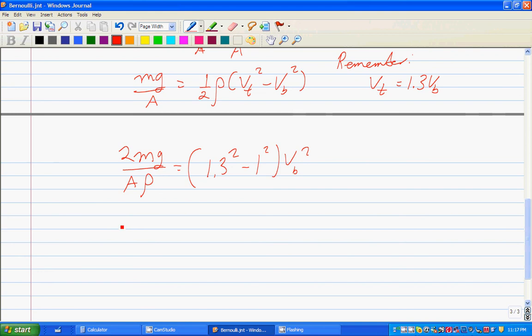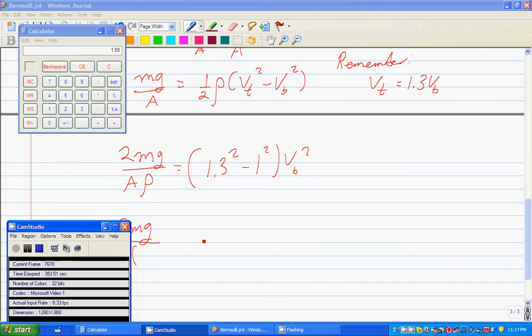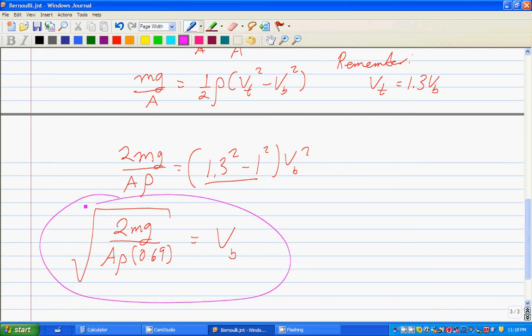Or in other words, 2mg over A rho, I think 1.3 squared is probably 1.69. And therefore this whole chunk becomes 0.69, and that is equal to the velocity on the bottom times all that, squared. Now you can plug and chug numbers in, and that's our answer.